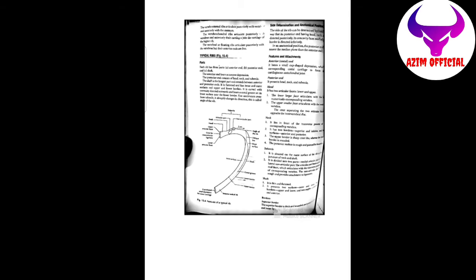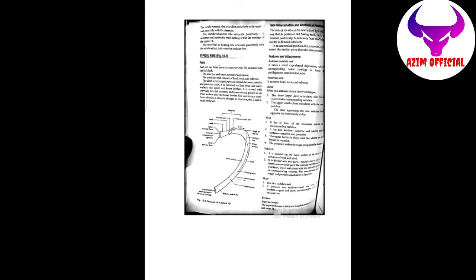In the picture, the upper end is the posterior end, with the head, neck, and tubercle, and the lower end is the anterior end of the rib. You can see the tubercle here.